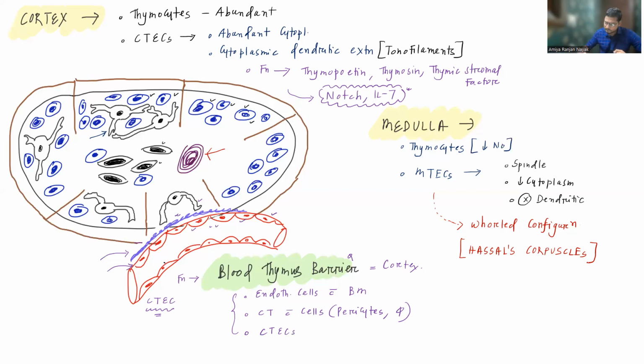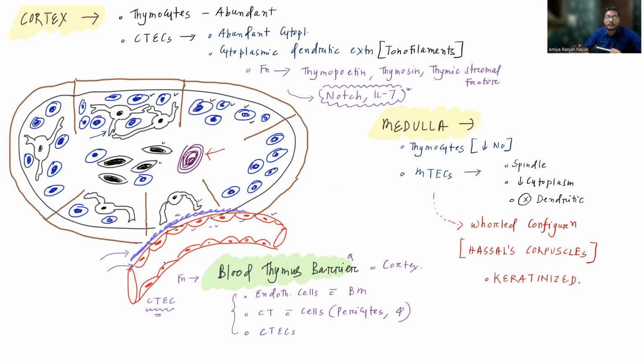And these Hassall's corpuscles are keratinized. I mean, keratin proteins will be deposited in these corpuscles. So they are easily identified on routine H and E stain, where they will be stained pinkish to reddish in color. Hassall's corpuscles are keratinized structures, concentric fold configurations of medullary thymic epithelial cells.